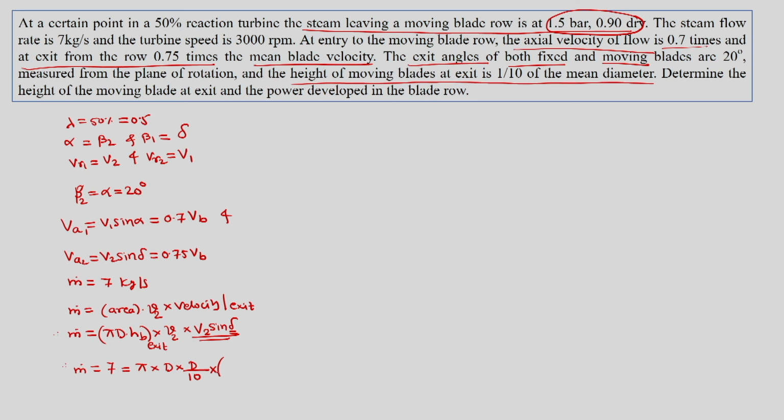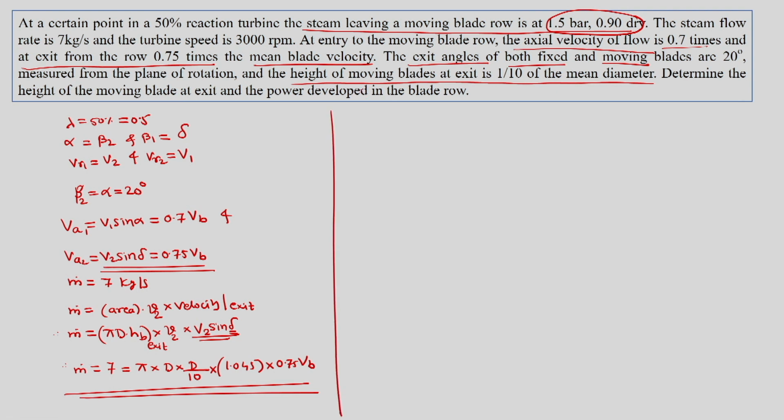From the steam table, we get specific volume as 1.045 into V2 sin delta, and V2 sin delta is also known to us as 0.75 VB. So this is what is told to us.